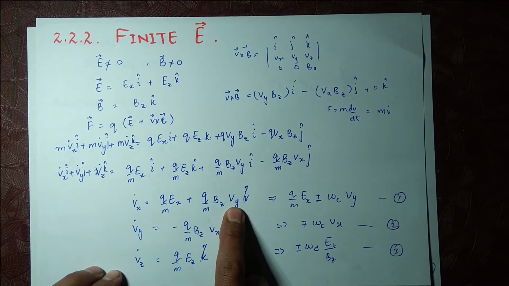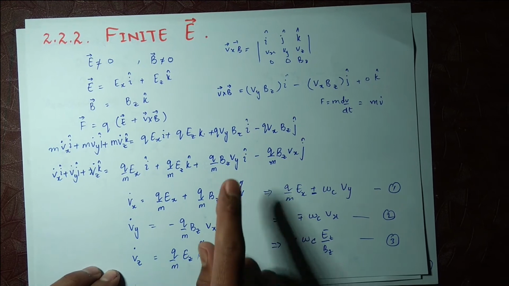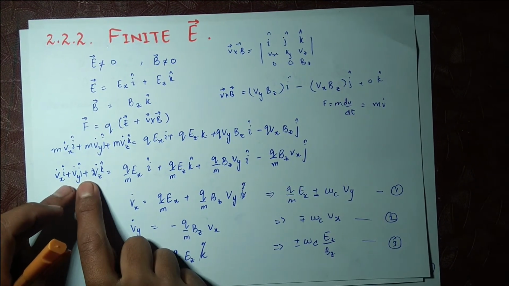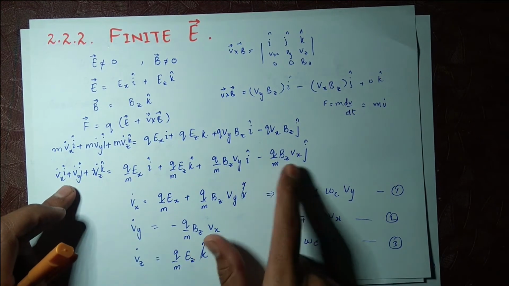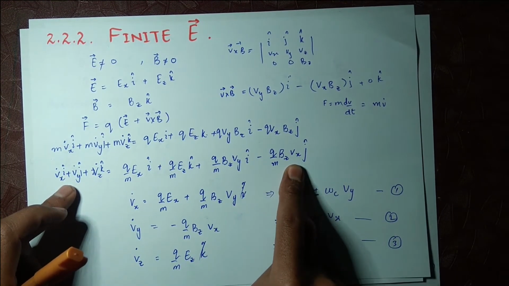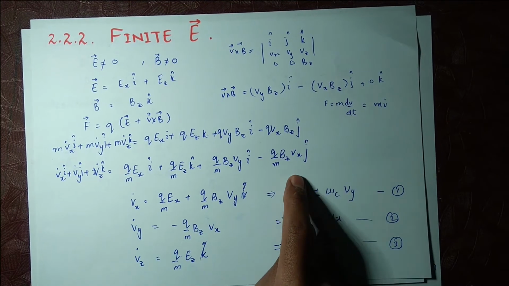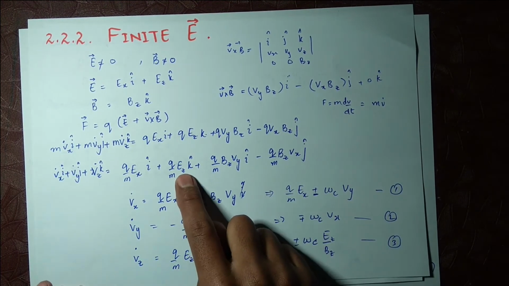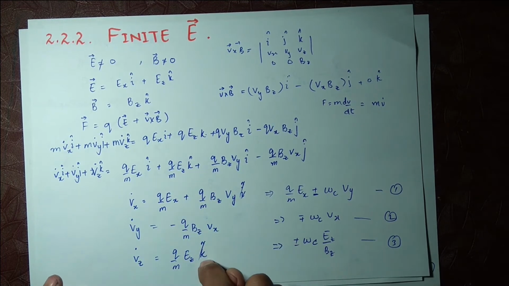For the j unit vector, I have only this term here. For the k unit vector, vz, I have only this term here.